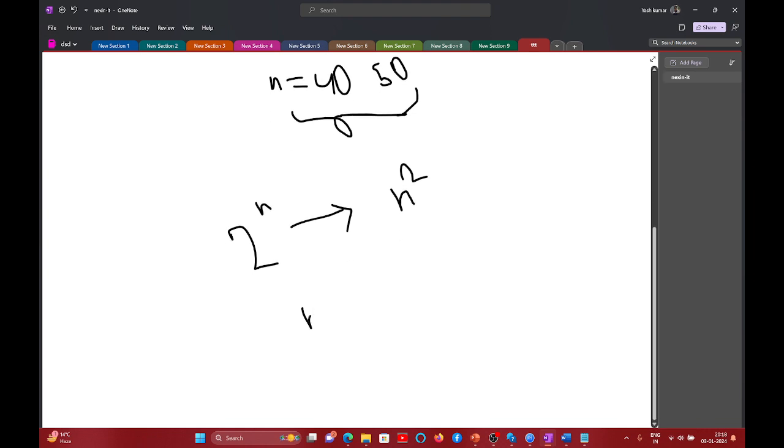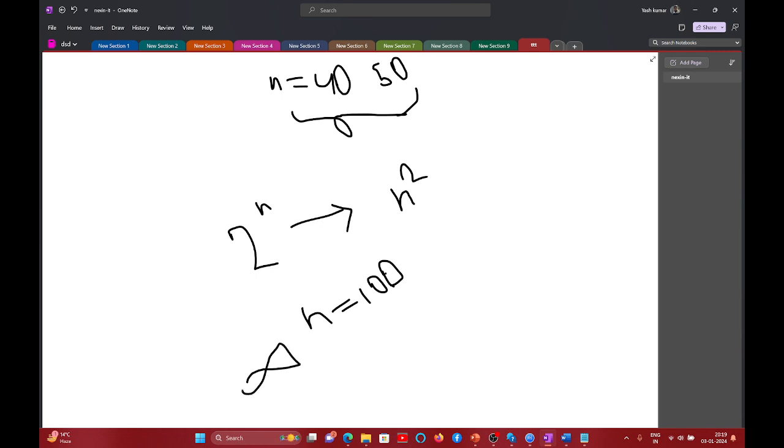Suppose n is equal to 100. We would do millions and billions of steps here. I don't think that any supercomputer can do it. But here we will only take about 10,000 steps.